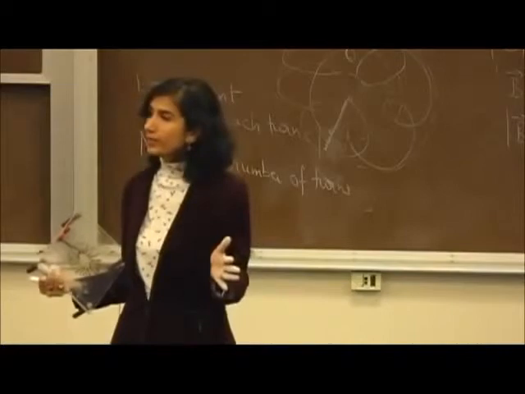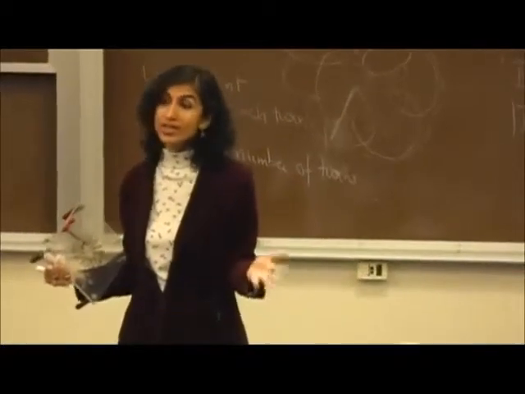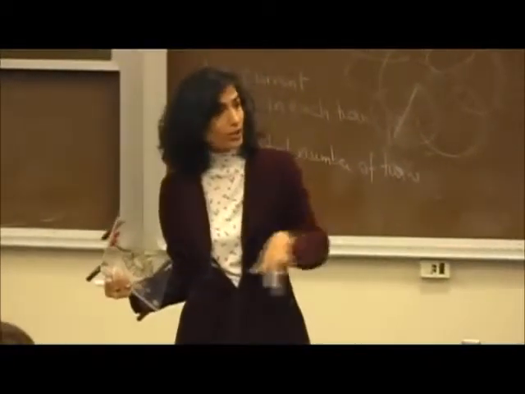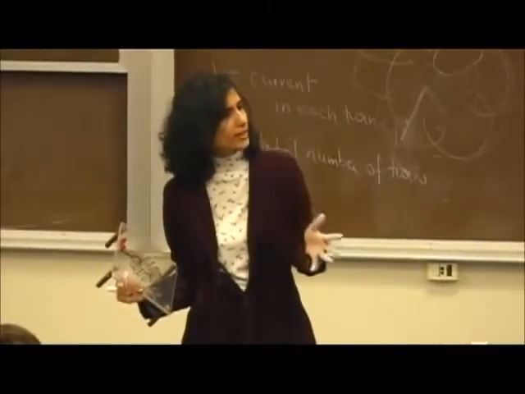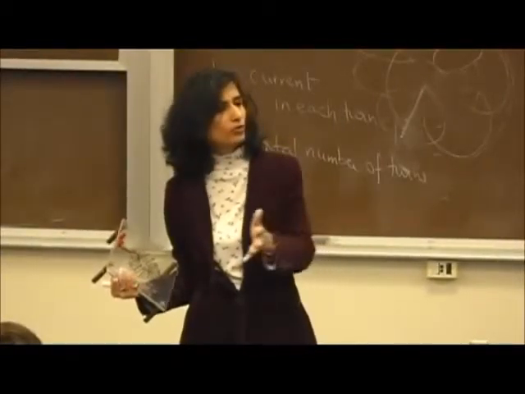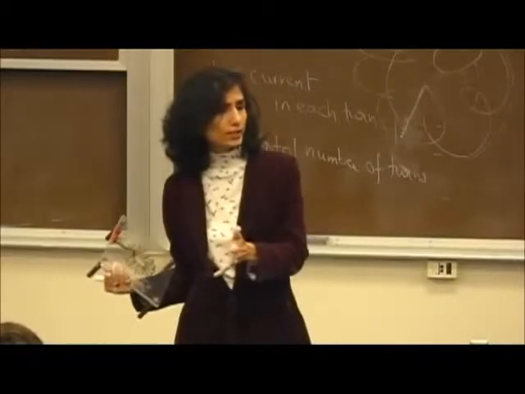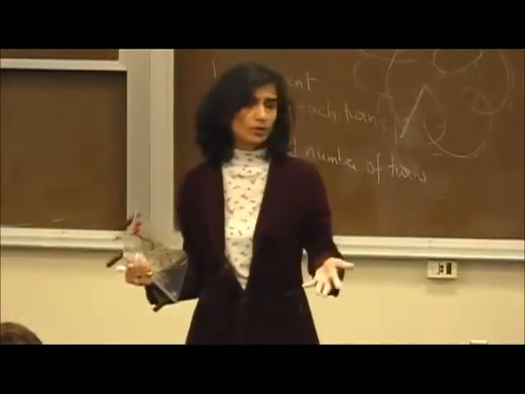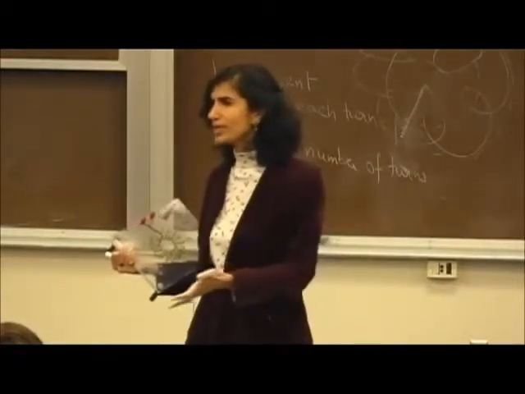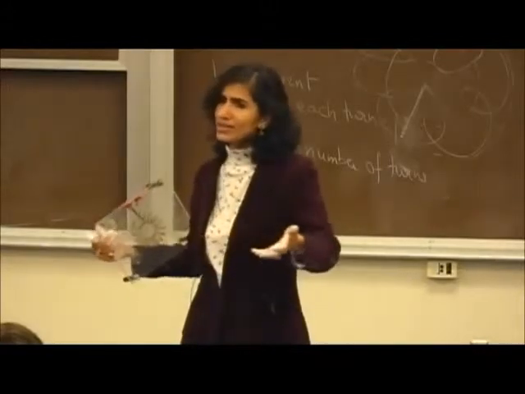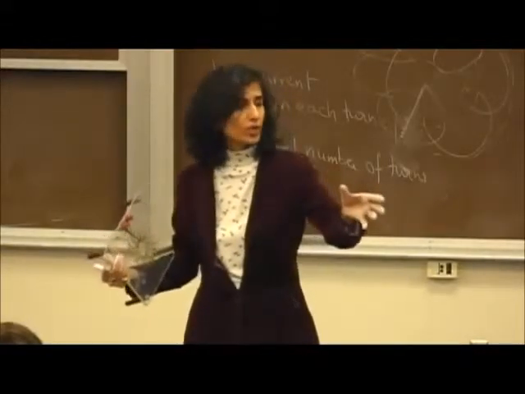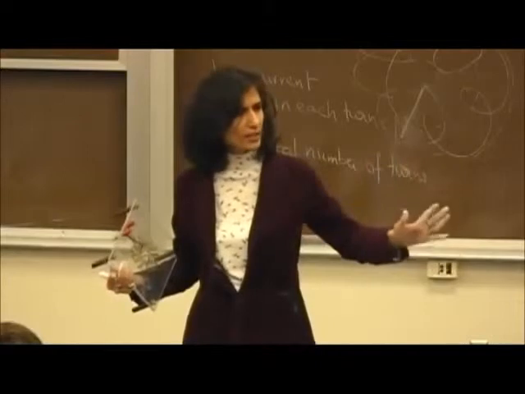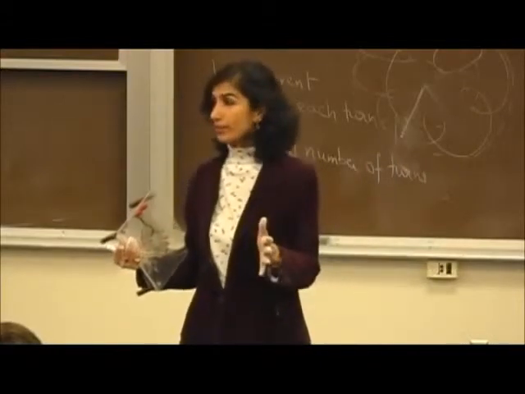Then we moved on to moving charges and currents. We talked about Kirchhoff's rules, we talked about how to find the current in different parts of the loop, how to figure out what was the current density, how to figure out what would be the resistance, what would be the potential difference, given certain things. If you are given the voltage of the battery, you can find other things, etc. Okay, that was moving charges.